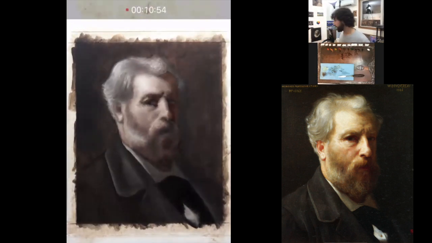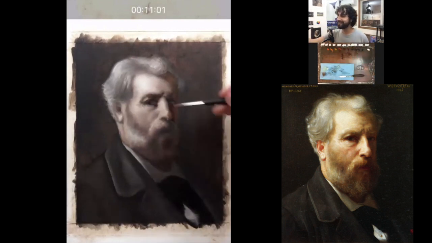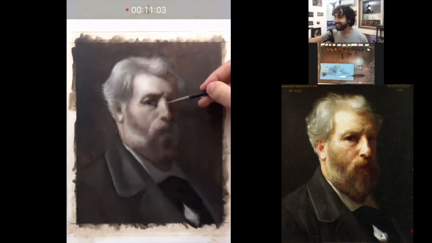But Bouguereau is such a restrained painter. God, if ever there was a restrained painter, and he's making it so gray. Damn. It's so inspiring because this is where painters usually go wild with the chroma, but he really doesn't do that. So we're going to follow in his footsteps.